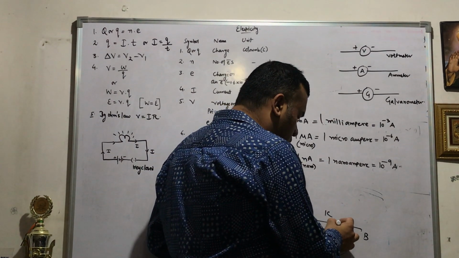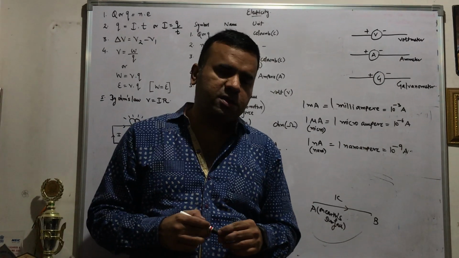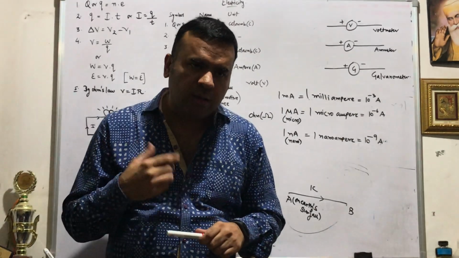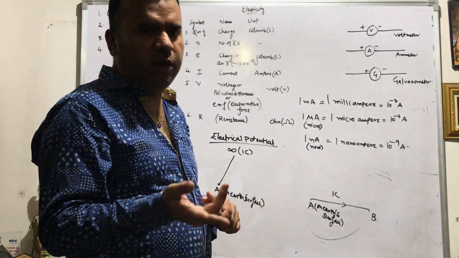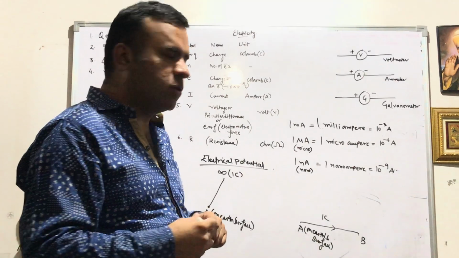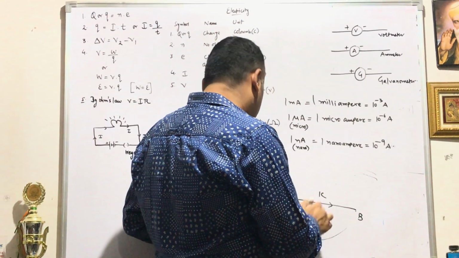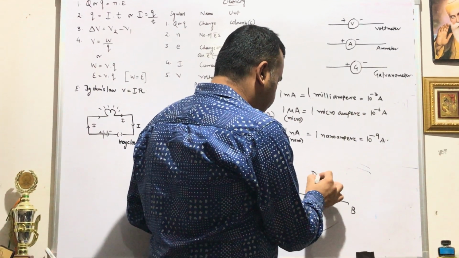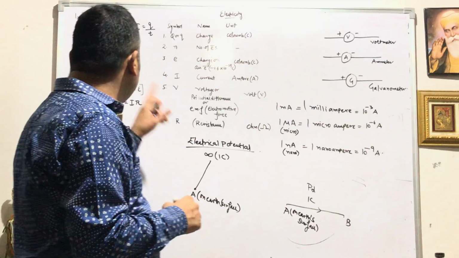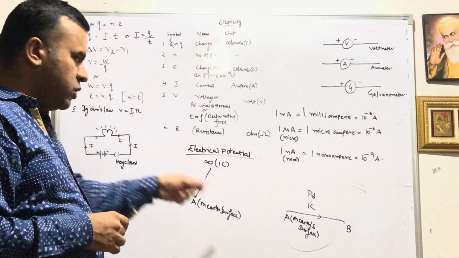Whatever work you will do in transferring that charge from one point to another point on Earth's surface, that is called potential difference. The other name of potential difference is voltage, also known as EMF, that is electromotive force, right? And this is called potential difference, P.D. in short. And the formula for potential difference is V is equal to W by Q. This is how this formula has come.